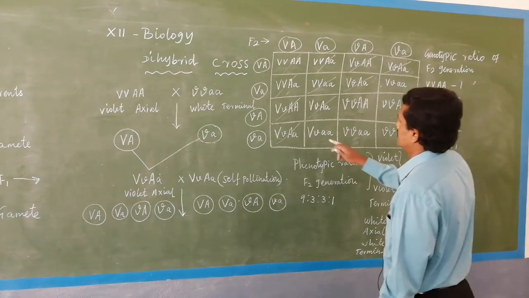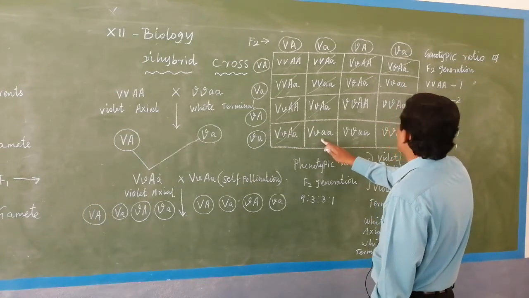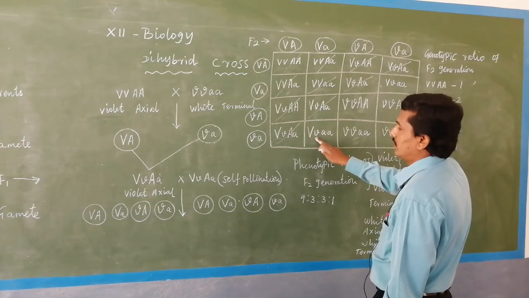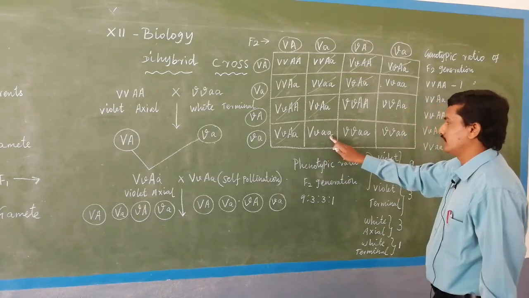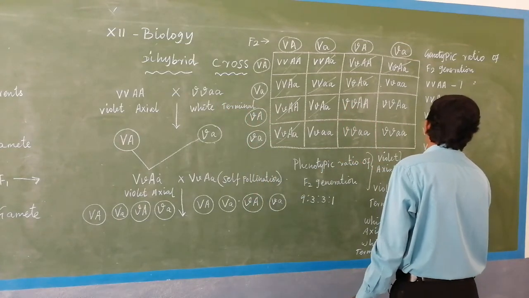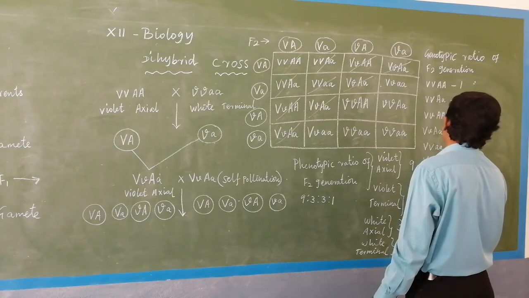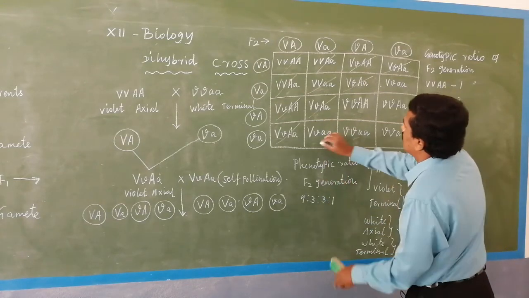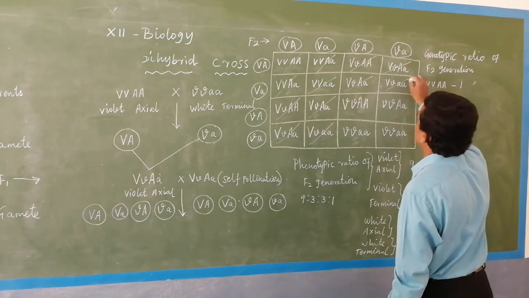And next one, listen here. Heterozygous violet and homozygous terminal. How many? 1, 2, only 2.